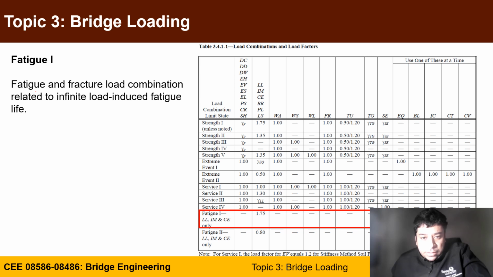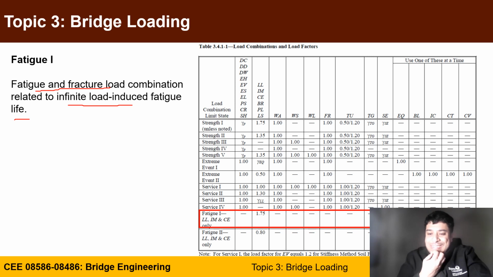Fatigue, we're going to mention that a lot in the steel design or steel structure sections. Topic number 6, fatigue load combination related to infinite load-induced life. So a steel structure actually has fatigue issues, which depend on how many cycles of loads you have over time.